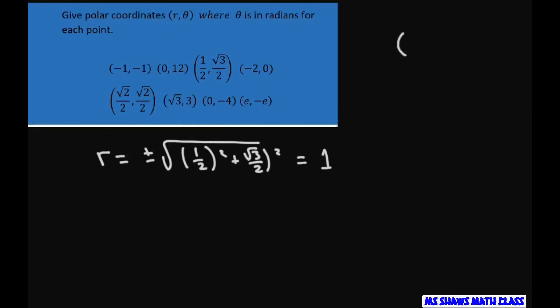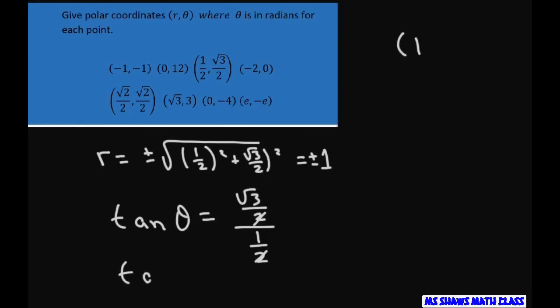And we can take the positive 1, and then we do tan θ equals √3/2 divided by 1/2. Those two cancel. So tan θ equals √3. This is in quadrant 1. So that's going to be π divided by 3.